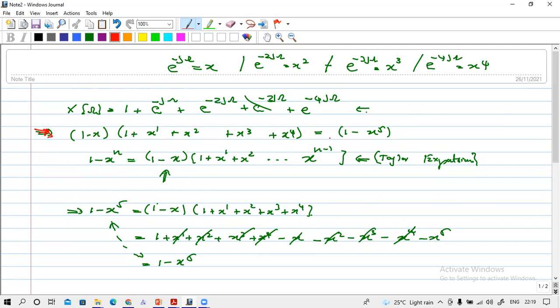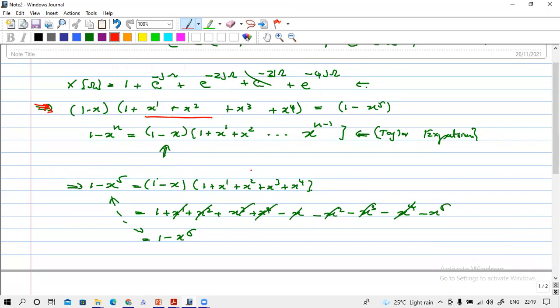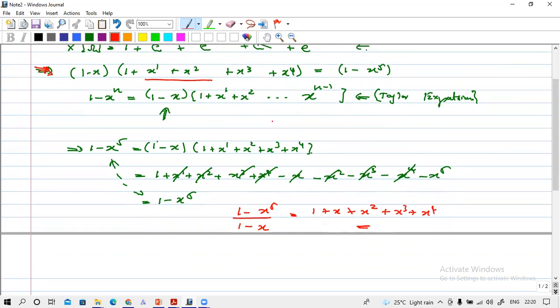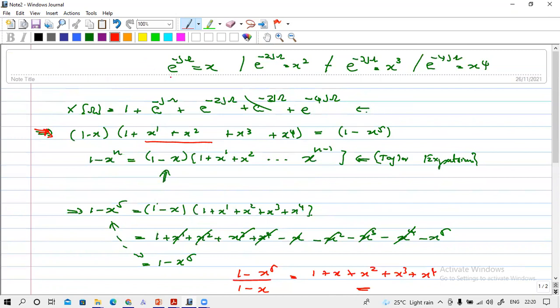Okay, so you can see that this part is equal to 1 minus x5 by 1 minus x. So you can write this as 1 minus x5 by 1 minus x is equal to 1, x, x2, x3, x4, like this. So you have got x as e to the power minus j omega.